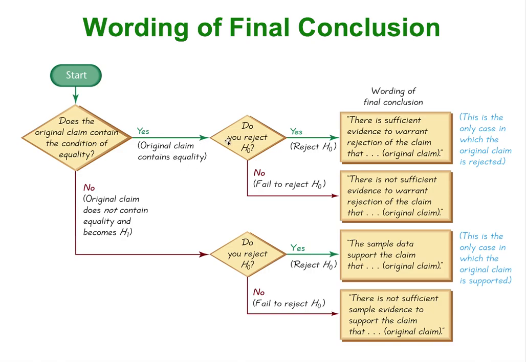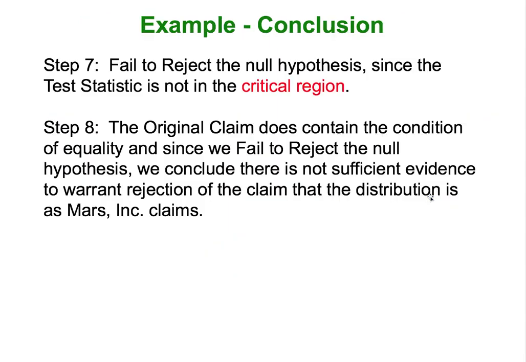And then we are asked, do we reject the null? Well, no, we fail to reject the null. And so the wording of our conclusion is there is not sufficient evidence to reject the claim that the distribution is as Mars claims it is.